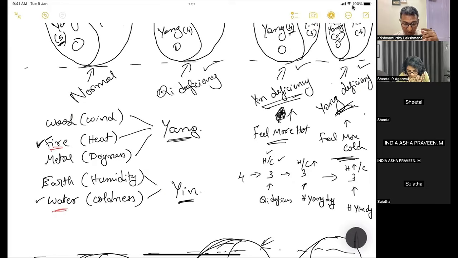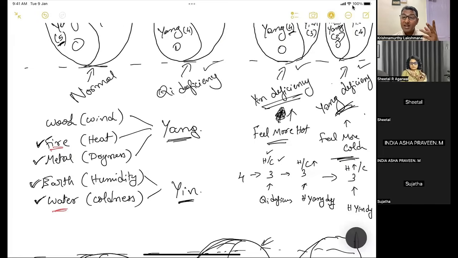or we say humidity is more, dampness in spleen. Dampness is humidity, excess humidity. Or we say coldness is more, coldness in lungs or coldness in large intestine. Or we will say dryness is more, dryness of lungs, dryness of large intestine.